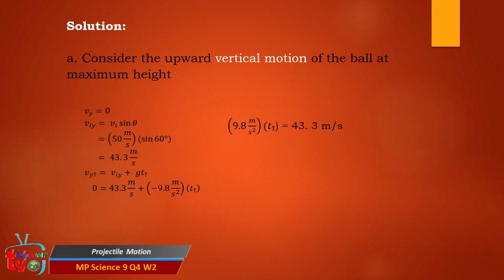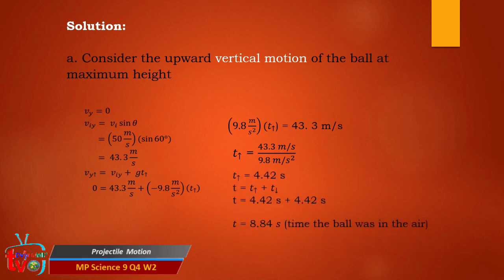Solving further, t will then be equal to 4.42 seconds. This is the time that it will take the golf ball to reach its maximum height.